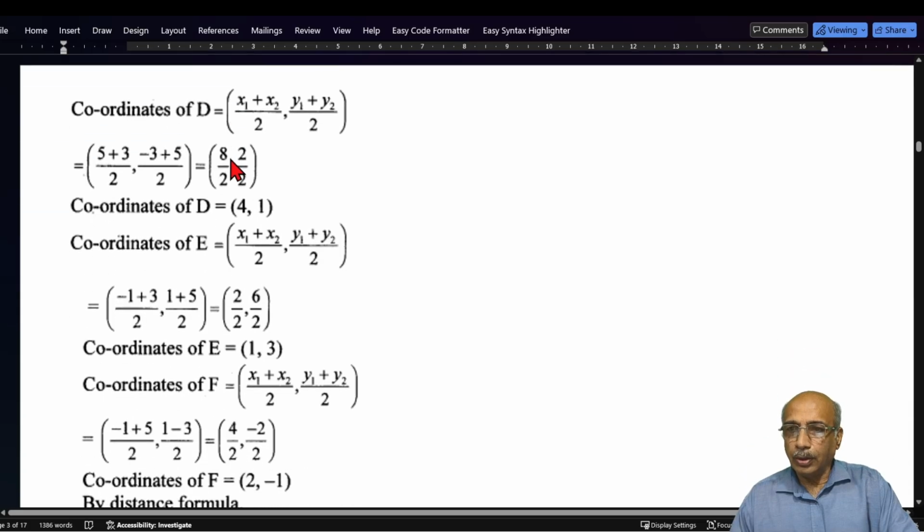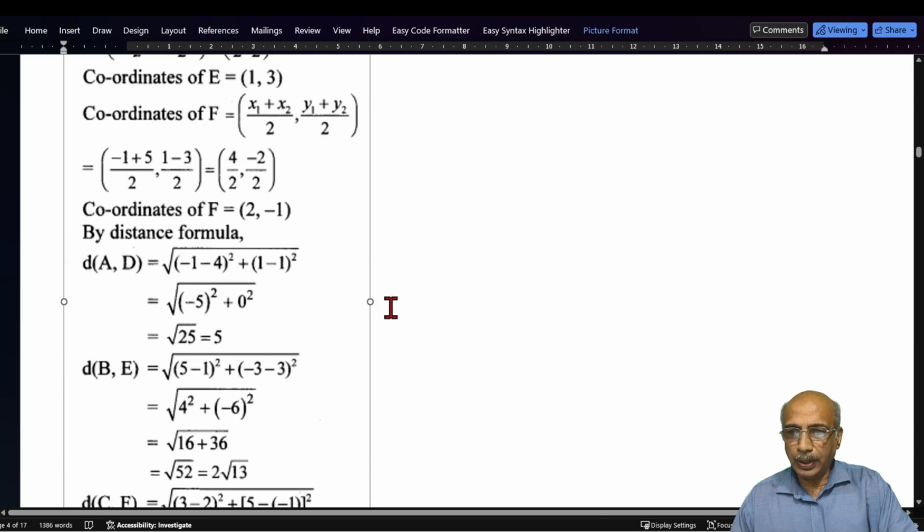So here, substituting the values, coordinate of D you get 8 by 2 and 2 by 2, that is, coordinate of D is 4 and 1. Coordinate of E will be 1 and 3. Coordinate of F will be 2 and minus 1. These coordinates of D, E and F we can calculate by the midpoint formula.